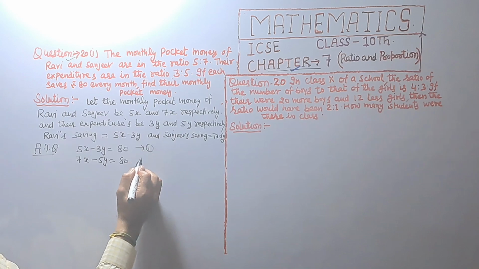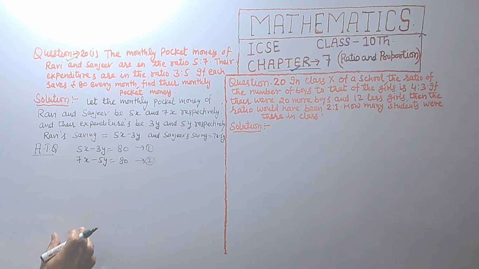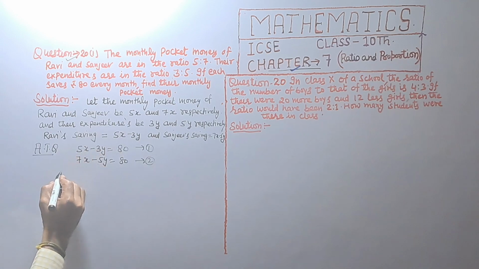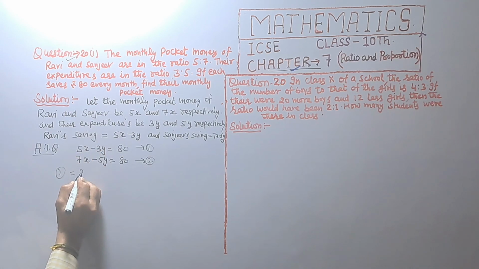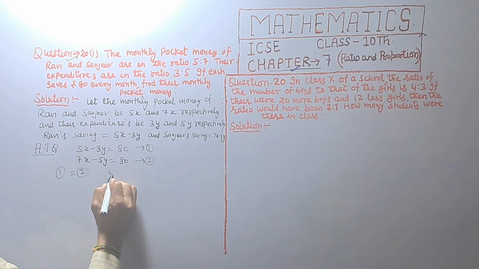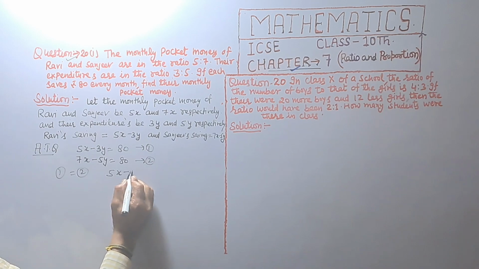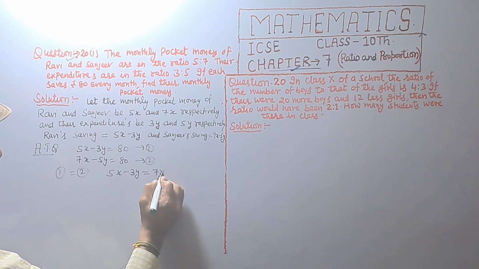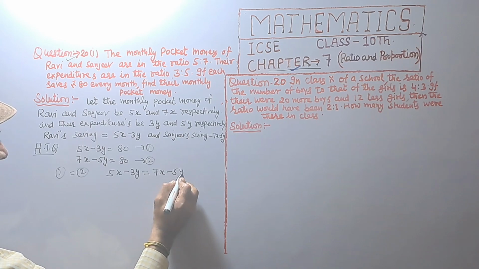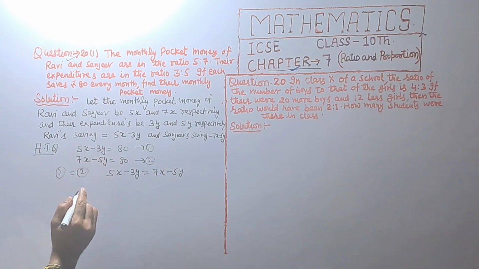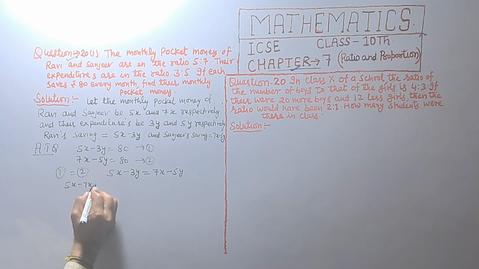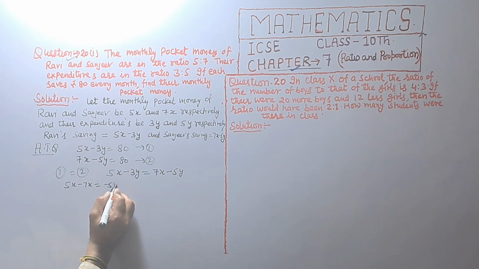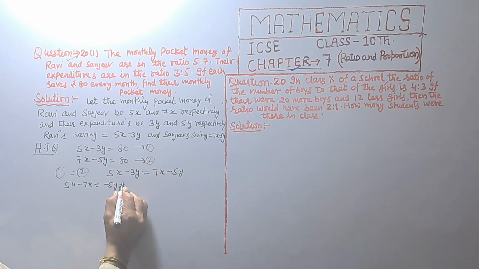It's equation first and equation second. From equation first and second, first is equal to second. 5x minus 3y is equal to 7x minus 5y. We are shifting: 5x minus 7x is equal to minus 5y plus 3y.